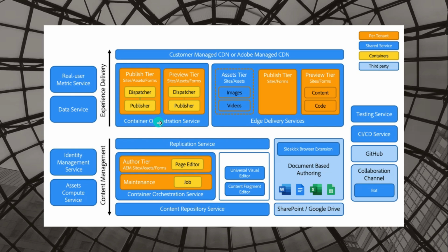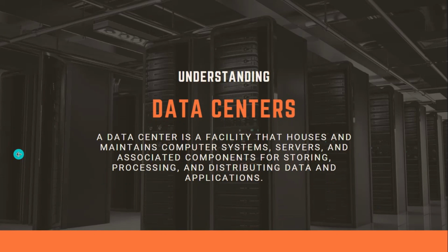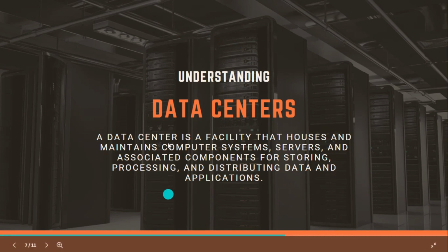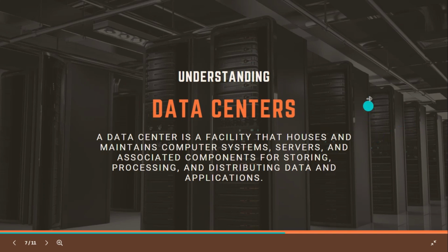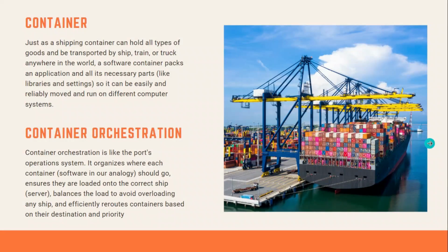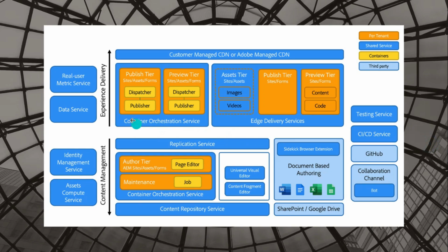Now if you see, these published instances are wrapped under this blue box which is called the container orchestration service. I told you, this is the data center and this part is the container orchestration, and all these are individual instances. So this is how they are managed. There is a container orchestration service, and this service manages how many published instances I have to run.